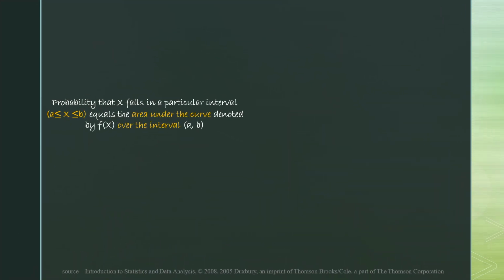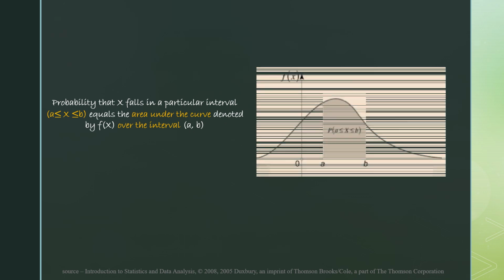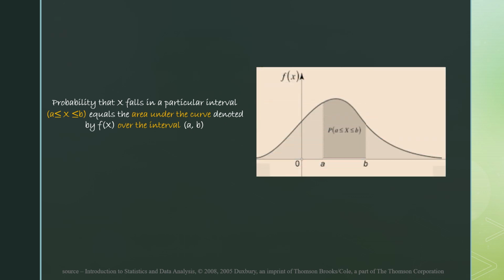Probability that x falls in a particular interval x greater than or equal to a and less than or equal to b equals the area under the curve denoted by f of x over the interval a and b. Mathematically, probability of x greater than or equal to a and less than or equal to b equals f of x integrated over the interval a and b.